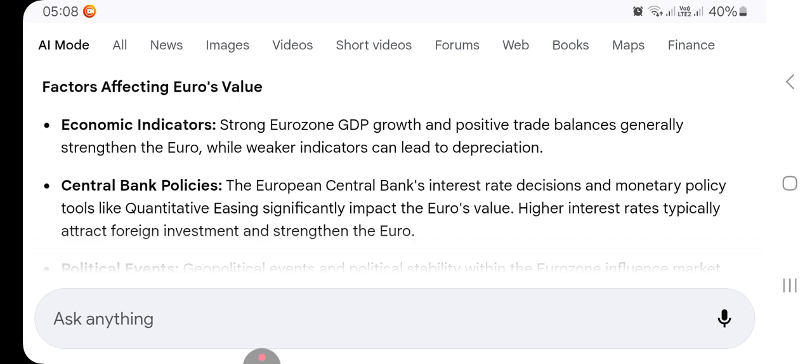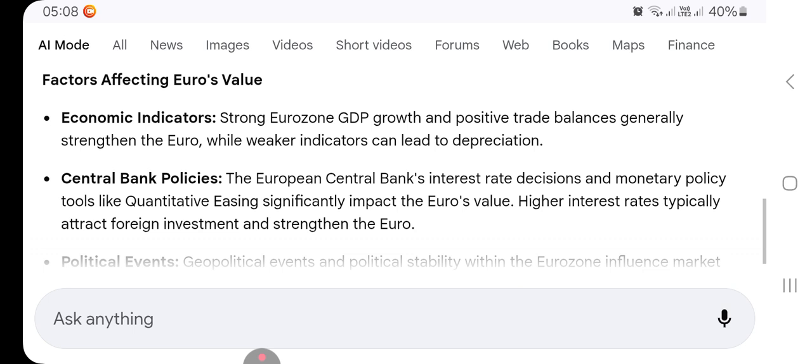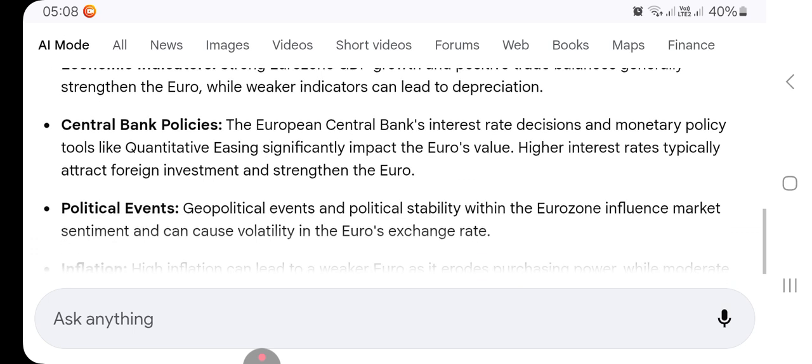Euro GDP growth, positive trade balance generally strengthen the euro, while weaker indicators can lead to depreciation. So the central bank policies, the European Central Bank's interest rate decisions and monetary policy tools like quantitative easing significantly impact euro value.